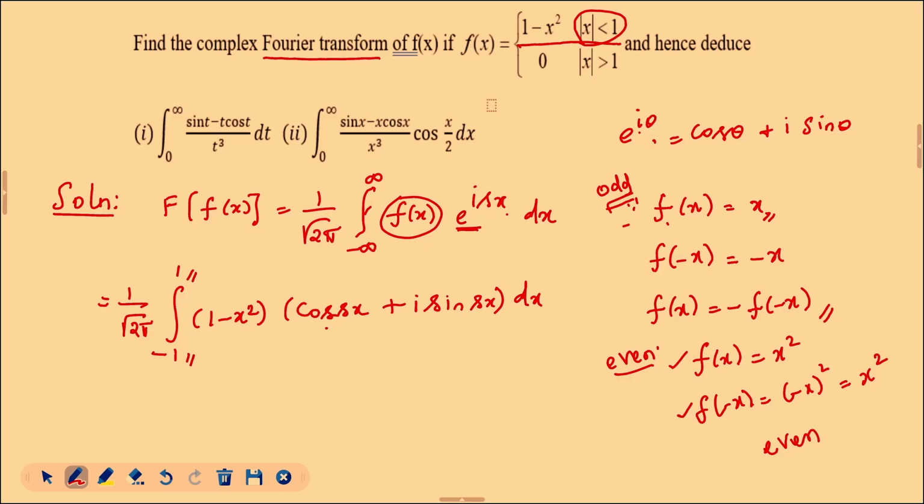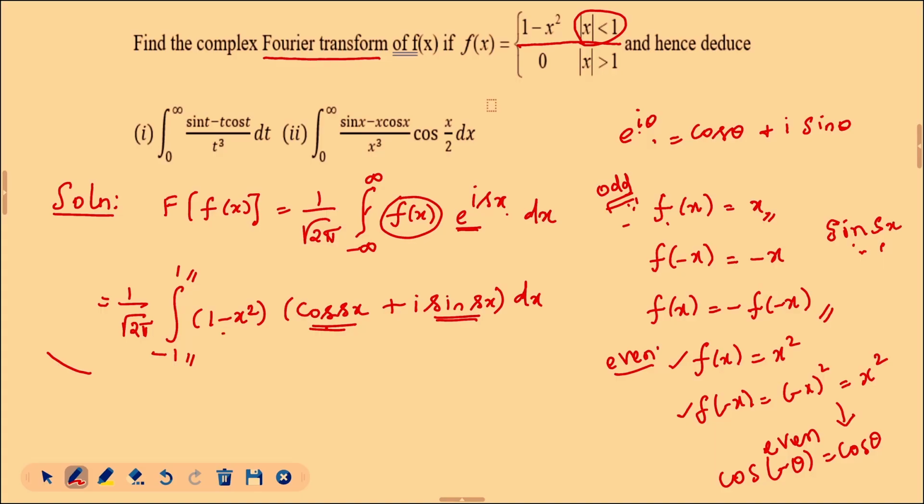Now, you should know which of cos x and sin x is odd or even. Cos function is an even function because cos of minus theta is cos theta. Sin function is an odd function.